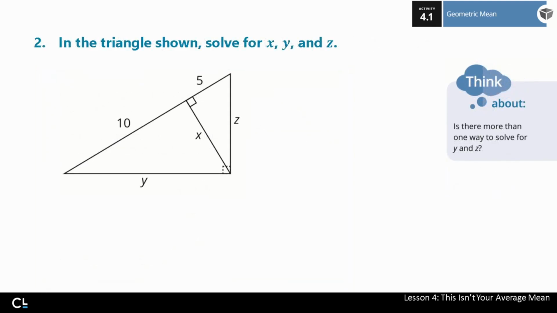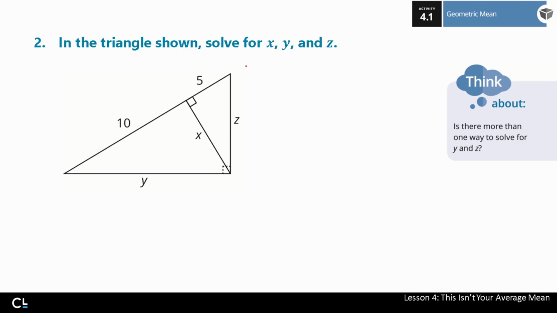All right, so let's see this problem in action. So in this problem, it says we want to find x, y, and z. So we're going to have to use all three theorems here. So let's start out by finding x. And this is using our first theorem that we talked about.